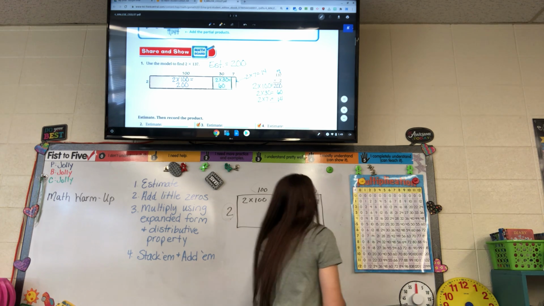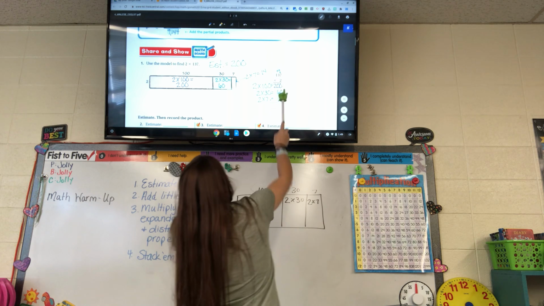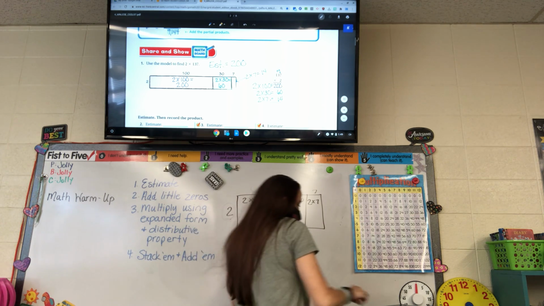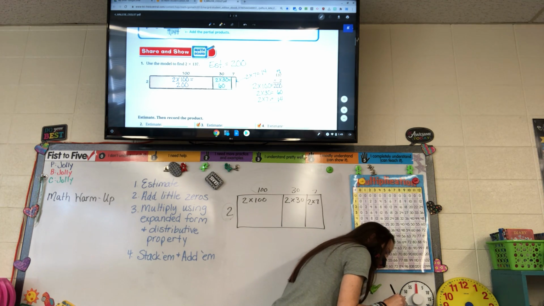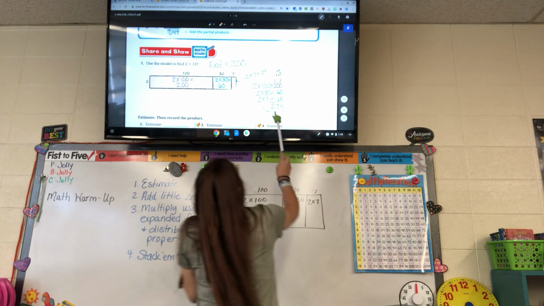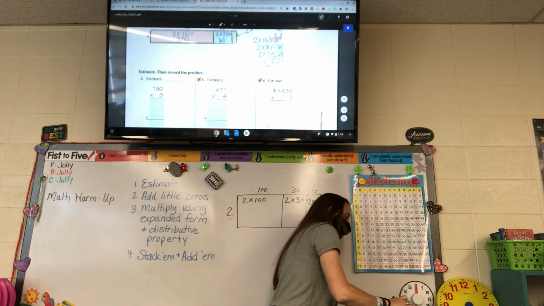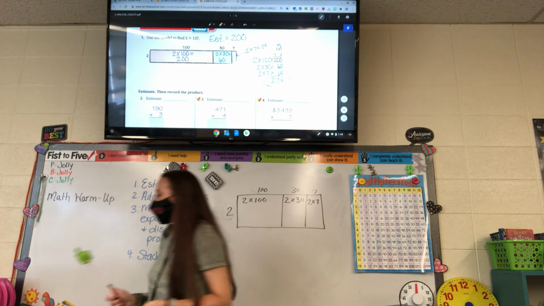Now I've got them stacked up where the 1 is under the 6 and the 4 is under the 0. 0 plus 0 plus 4, 4. 6 plus 1 plus 0, 7. And 2 plus nothing, 2. Is our answer reasonable? Yes. Good deal.